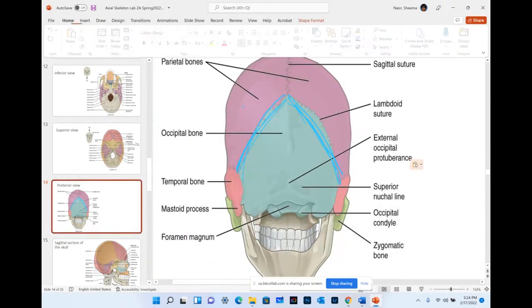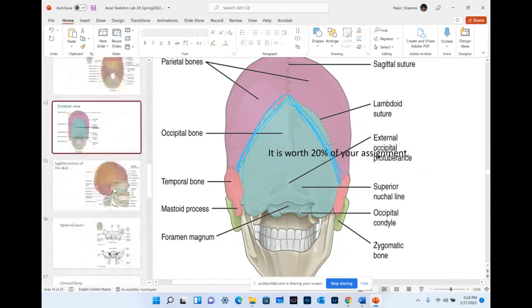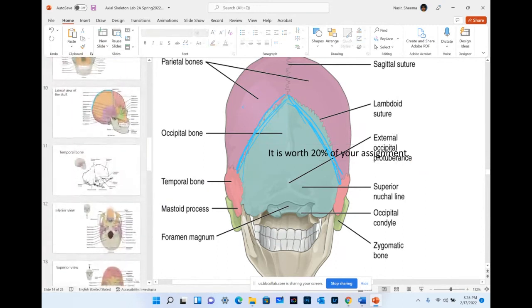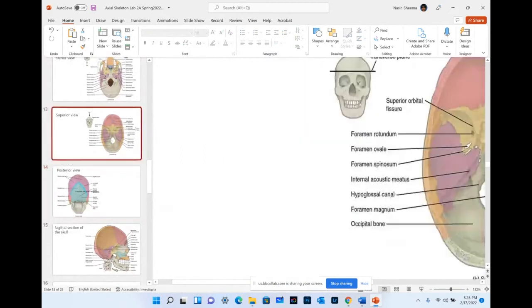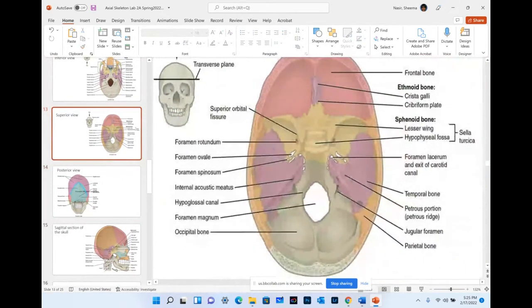Now we are going to look on the inside of the skull, and when we open it up and look on the inside, you see this big hole. This is called foramen magnum. This is through which the spinal cord passes.